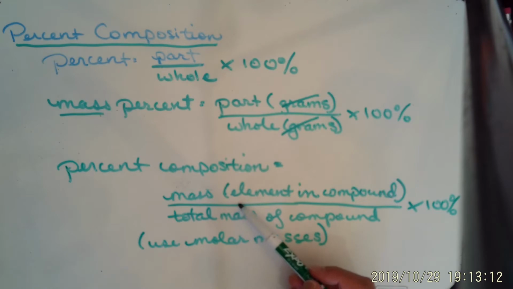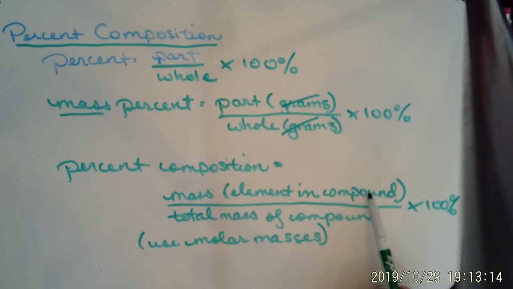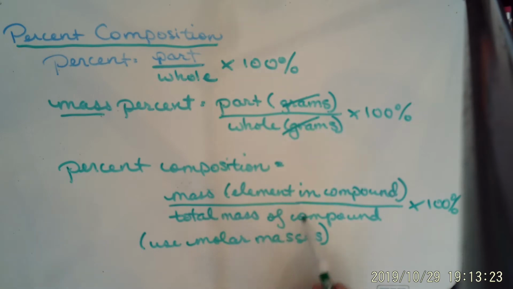So we're going to be using the mass of the elements in the compound that we're interested in divided by the total mass of that compound times 100%. And for these masses, we're going to assume 1 mole of substance. So it's going to be the molar mass of the compound and the molar masses of elements in the compound. So let's do some examples.